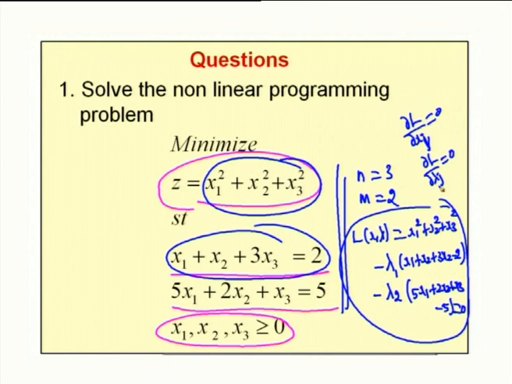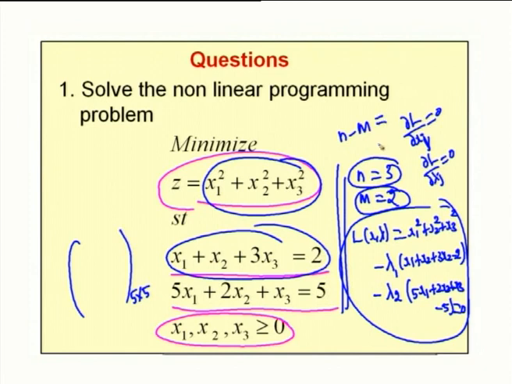Now, in order to verify the sufficient condition, we have to construct the bordered Hessian matrix. Since this problem involves 3 decision variables and 2 constraints, the order of the bordered Hessian matrix is m plus n cross m plus n, which is 5 cross 5. Now, in order to check the sign of the bordered Hessian matrix, we have to compute the n minus m value.